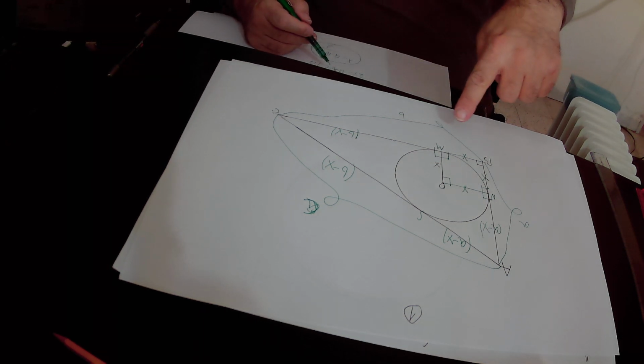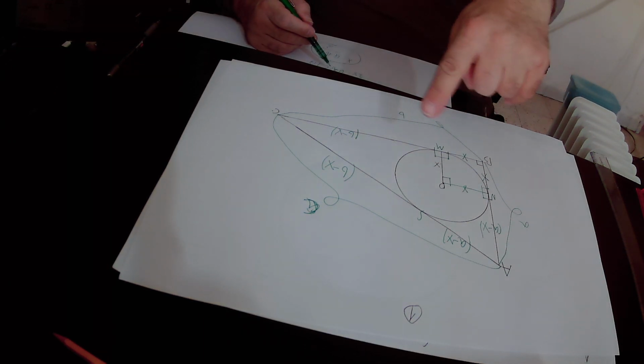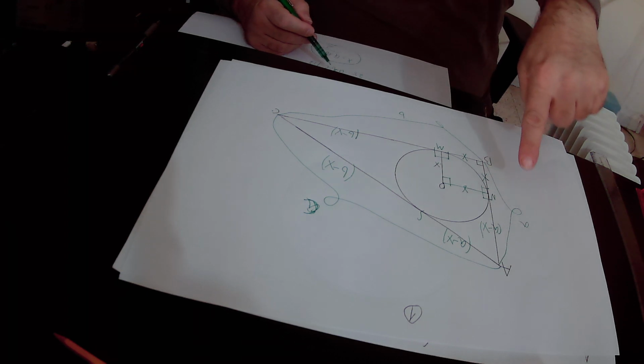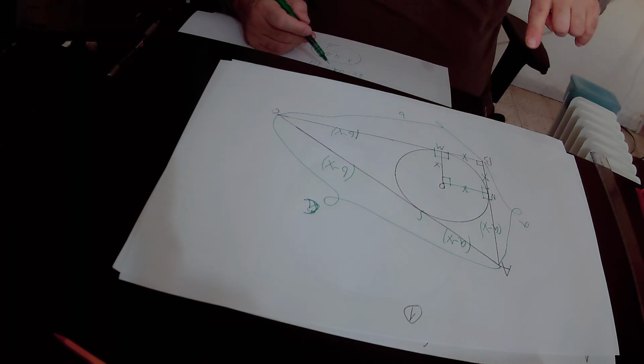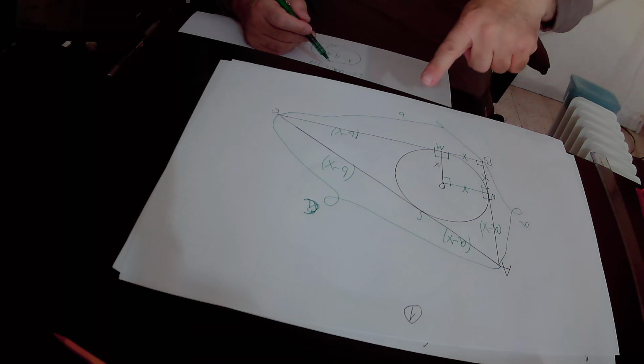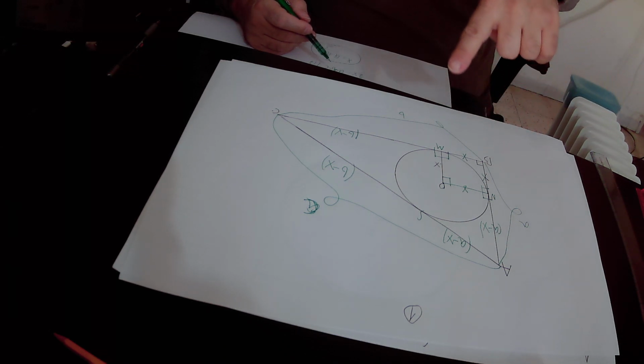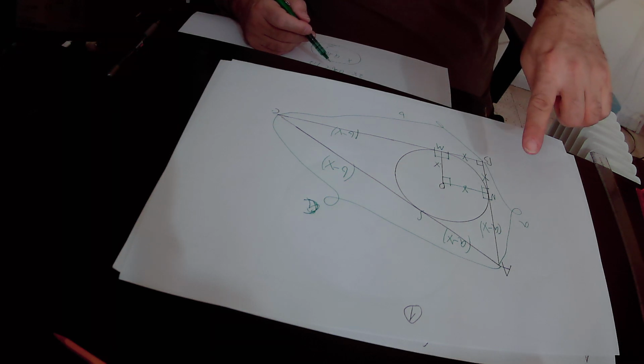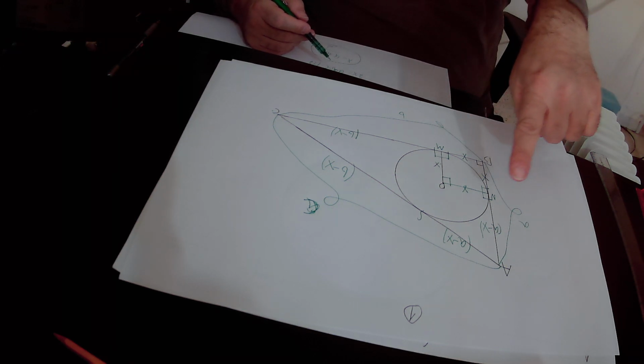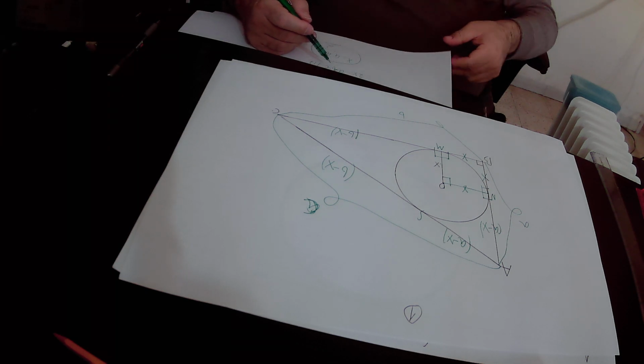Again, the radius x of this circle inscribed in the right triangle ABC equals a plus b, the sum of the side lengths of this right triangle, minus the length of the hypotenuse c, over 2.